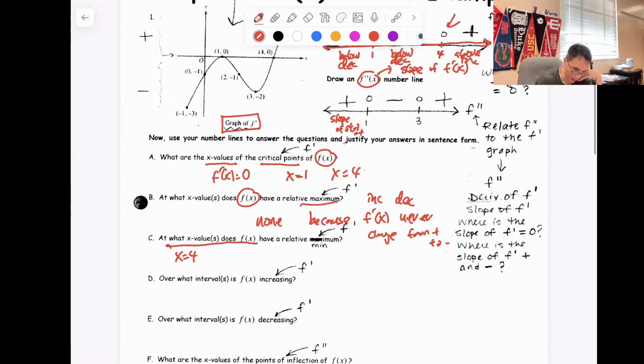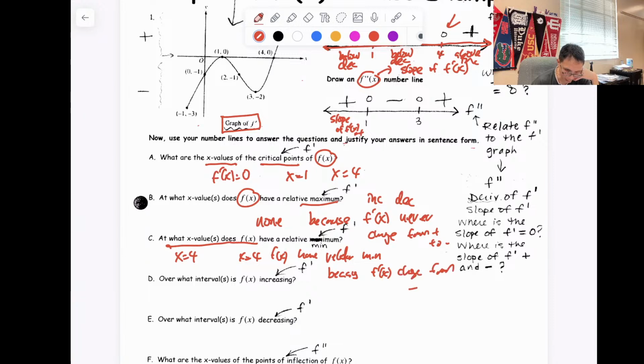So you're going to say at x equal to 4, f of x has a relative minimum because f prime of x changes from negative to positive at x equal to 4. And that's how you justify. You have to write it down exactly the same way as a first derivative test. Am I going too fast?